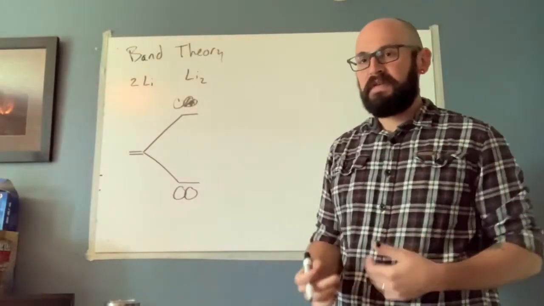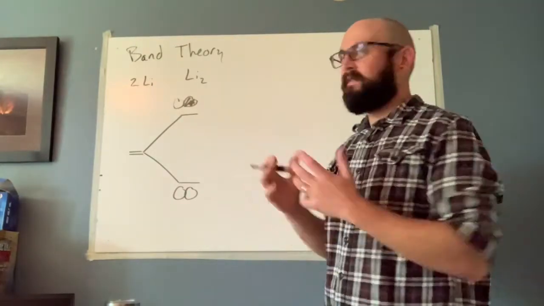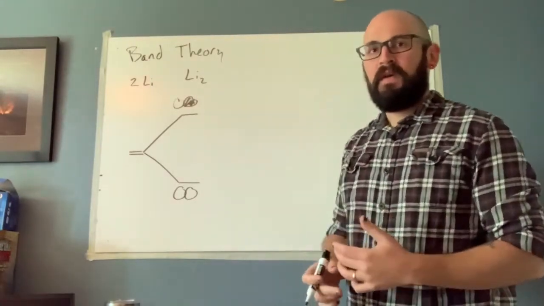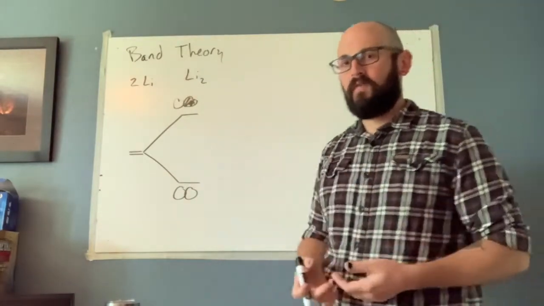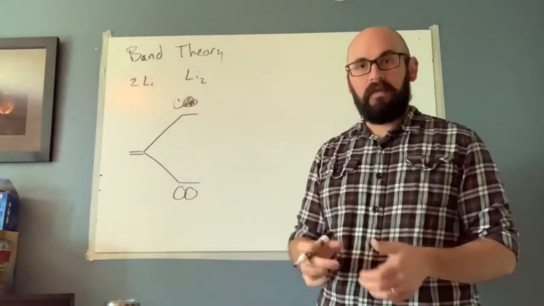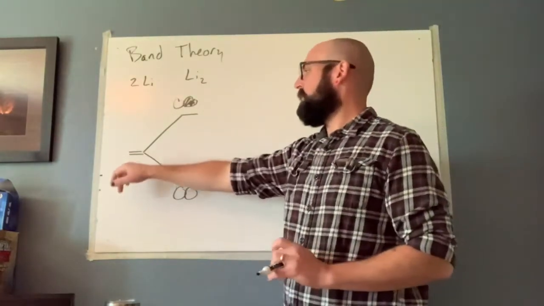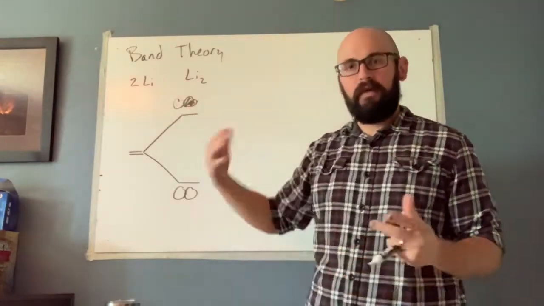So in order for us to discuss band theory, we're going to start off and just consider a dilithium species. In this simple example, we of course have two s orbitals as the valence orbitals. So we have two 2s orbitals. These orbitals may combine in phase or out of phase with one another.